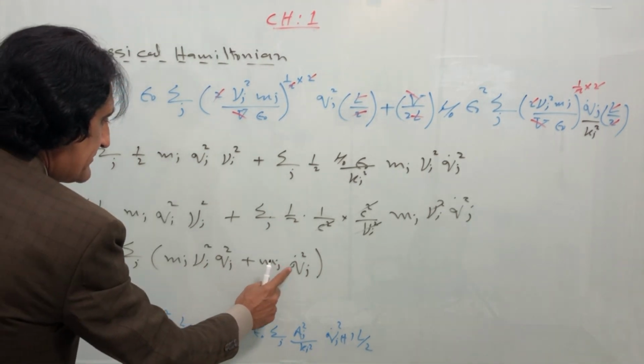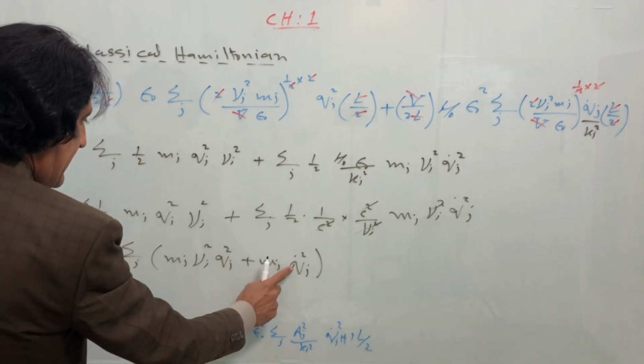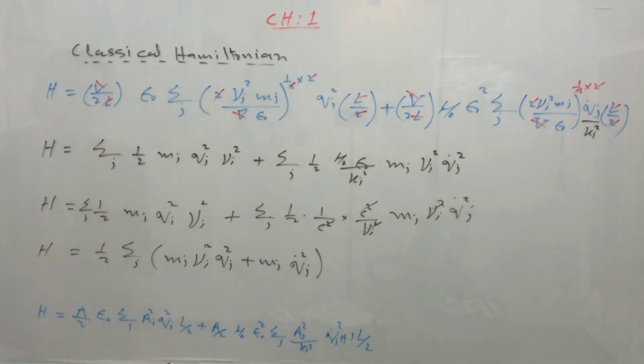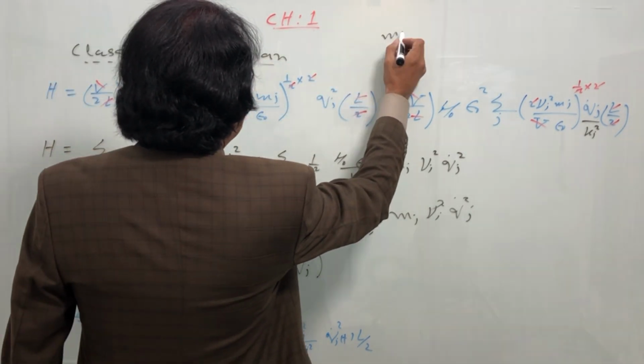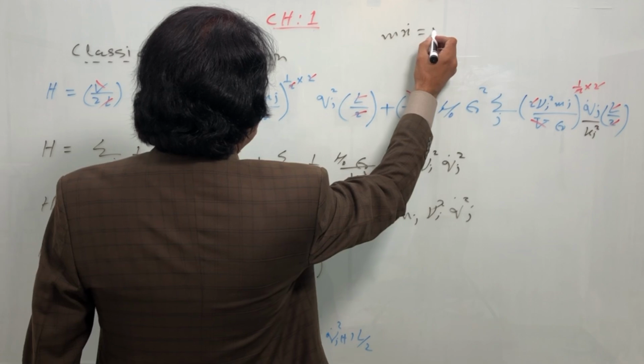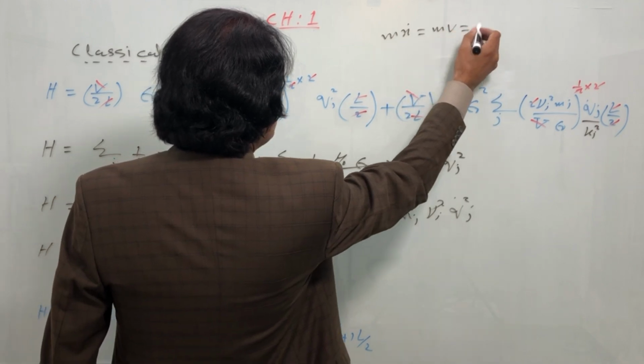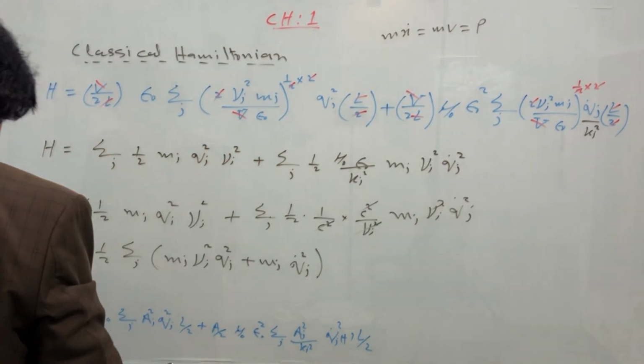Here mj q dot square, this is actually m x dot, and m x dot is equal to mv, which is the momentum.